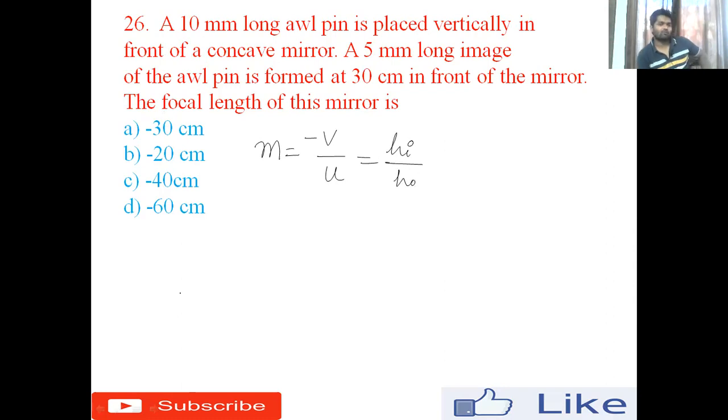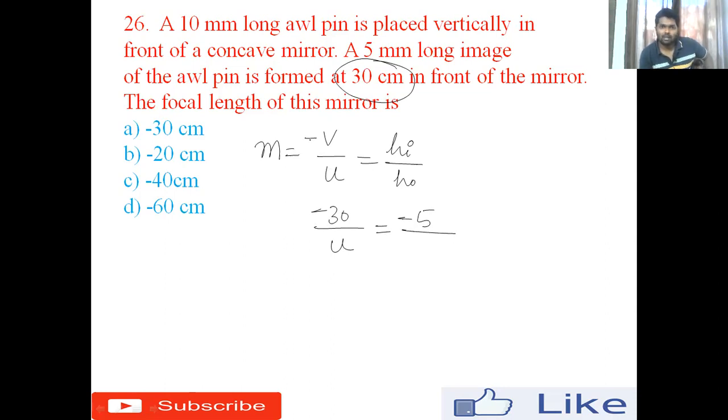We have discussed this formula earlier, right? What is V here? V, let me take it as minus 30 centimeter, since the image is formed 30 centimeter in front of the mirror, but we don't know U. And HI, the height of the image, is minus 5.